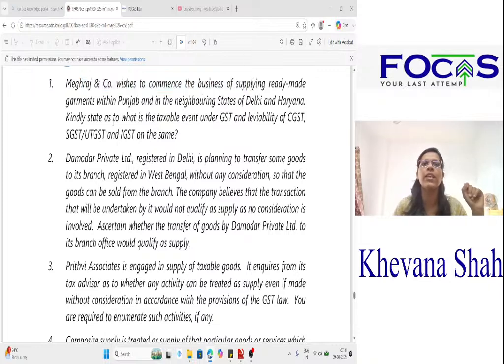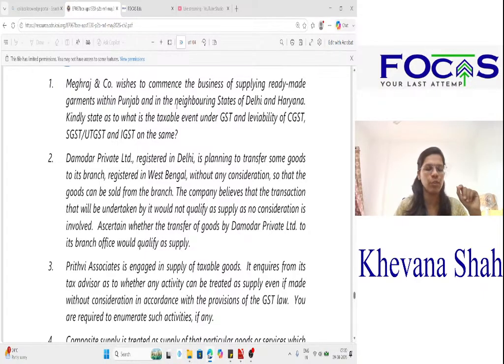Now what they are doing is they want to make these supplies within Punjab and also in the states of Delhi and Haryana. So what is the taxable event? The taxable event here is the supply of these ready-made garments and GST leviability of CGST, SGST, UTGST and IGST.